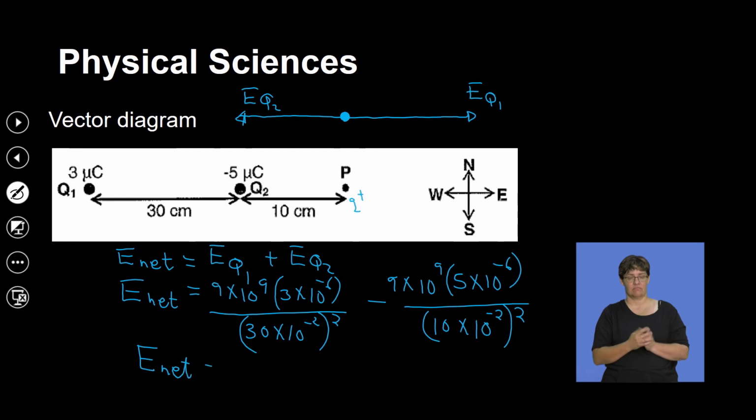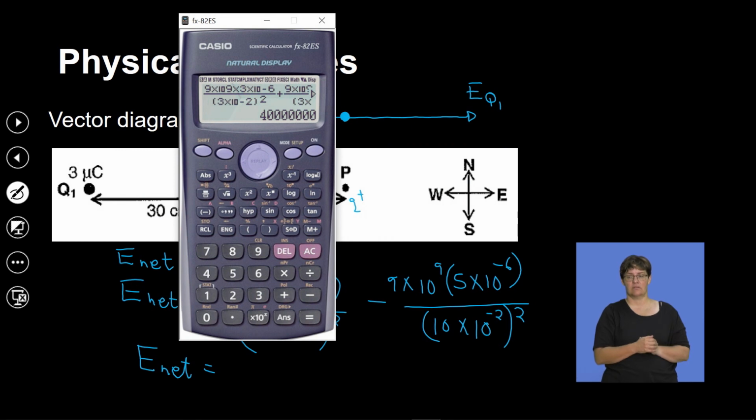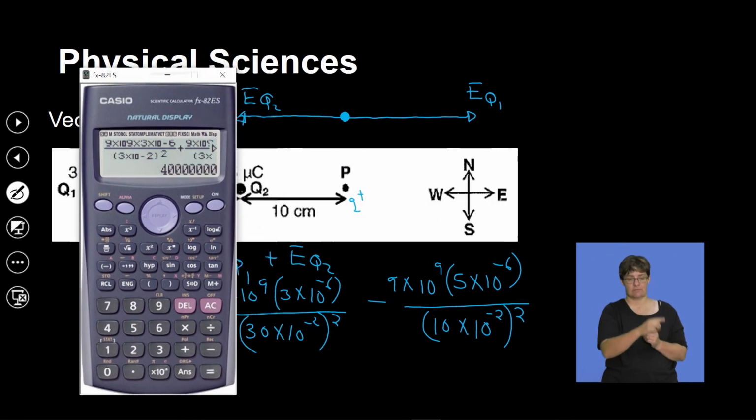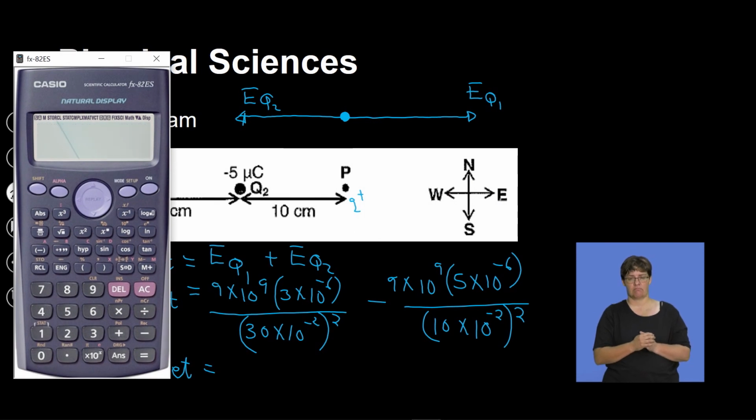In this case, we can go to our calculator. There are two sides to it. We put that fraction because that's what it is, a ratio. 9 times 10 exponent 9, which is the k, multiplied by 3 times 10 negative 6, which is the magnitude of charge of Q1, divided by, let's put that into brackets because our intention is to square the distance, 30 multiplied by 10 exponent negative 2.